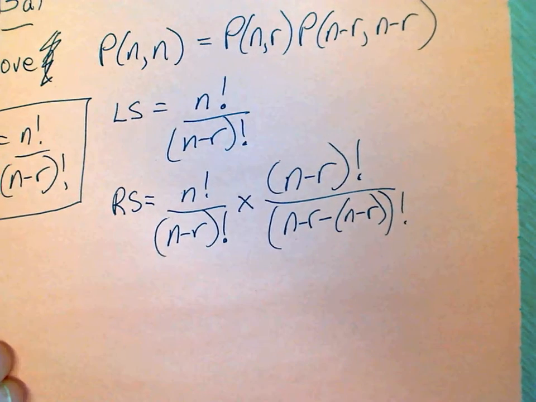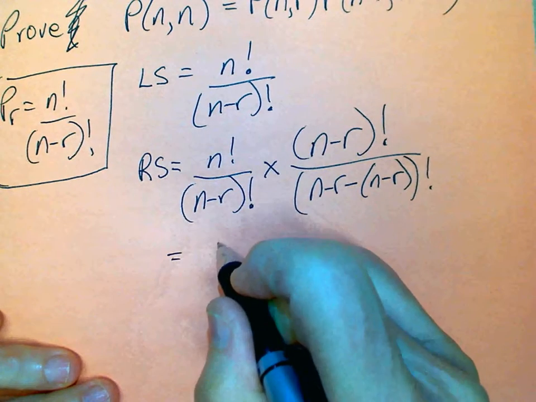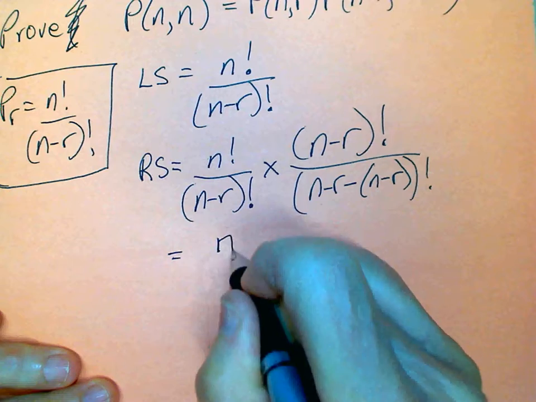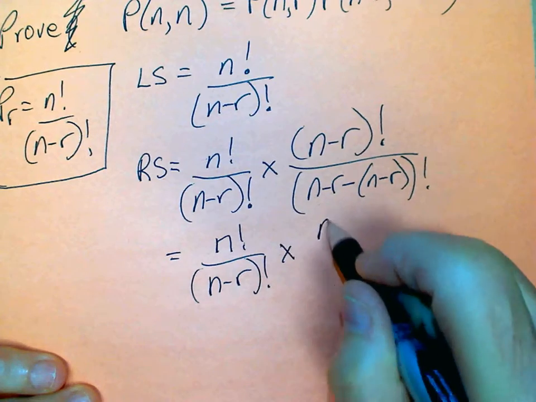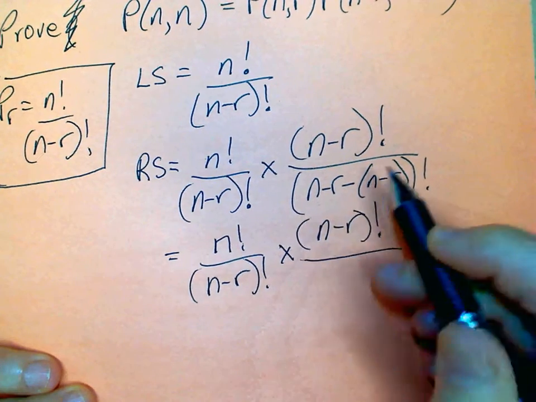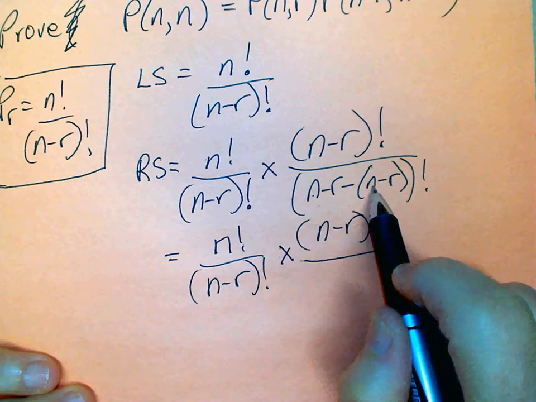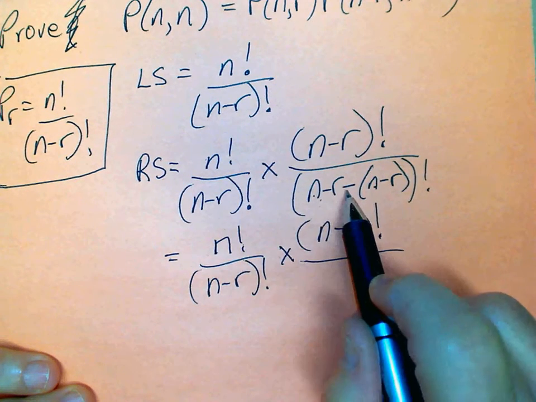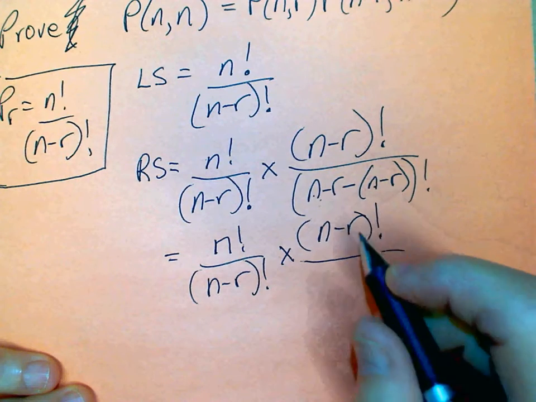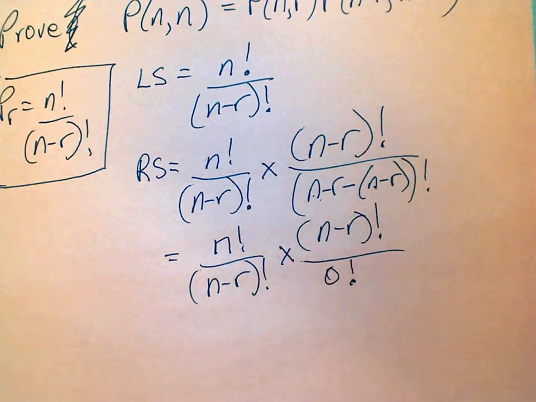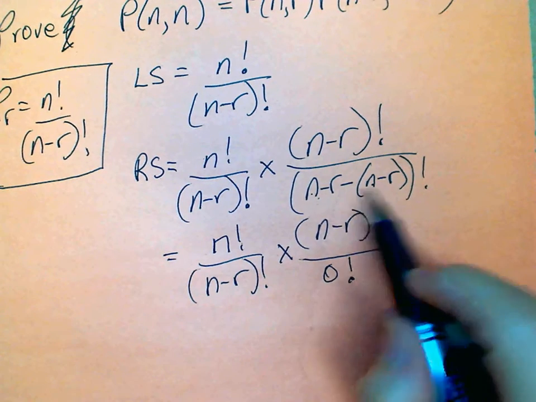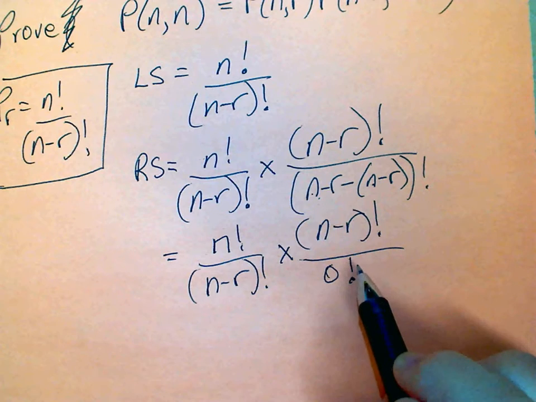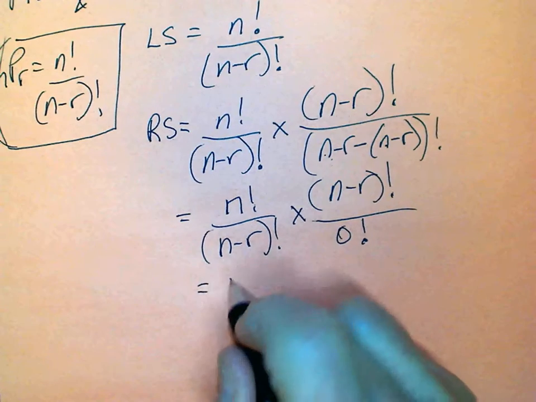So now we have n factorial over n minus r factorial times n minus r factorial over n minus n is 0, negative r plus r will be 0 factorial. Okay? Negative r plus r gives us 0 factorial. So I get n factorial. Does anybody see what I did wrong?